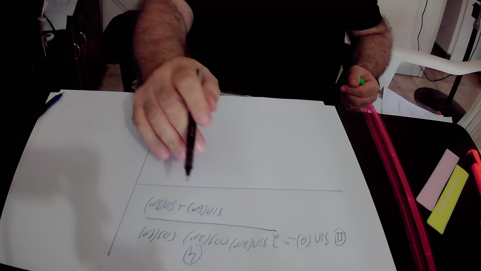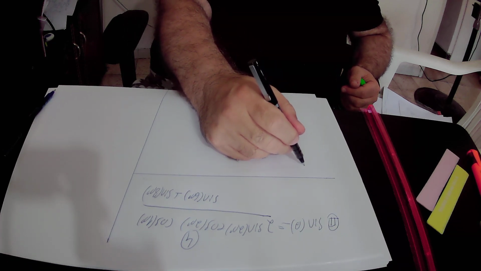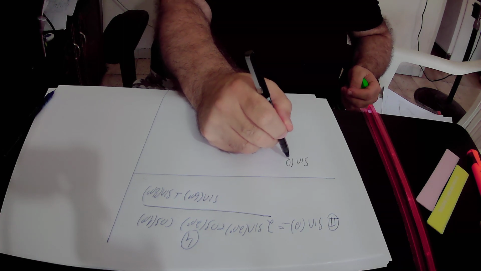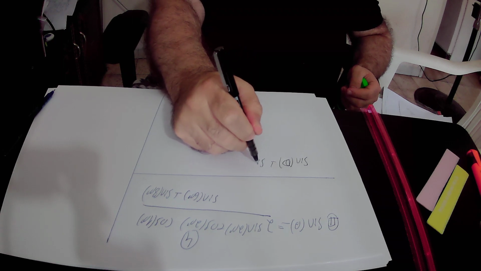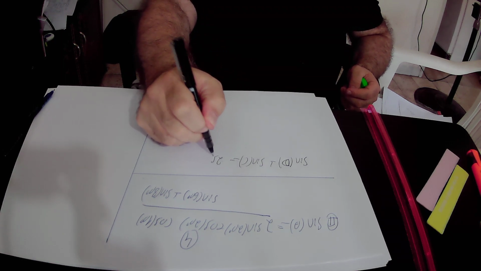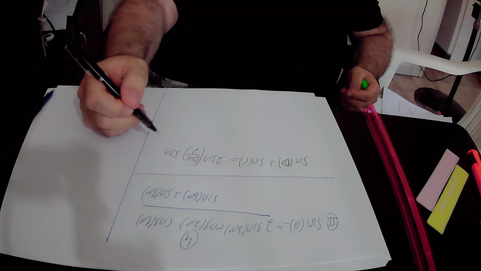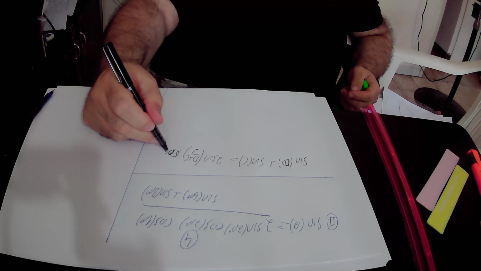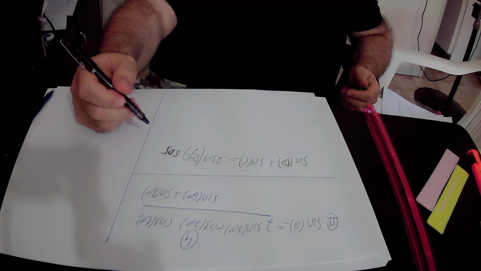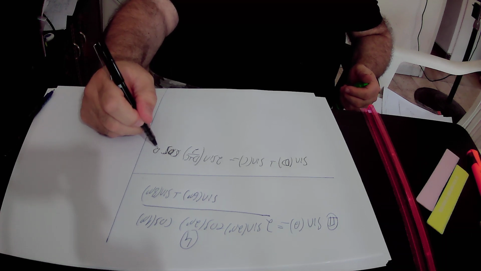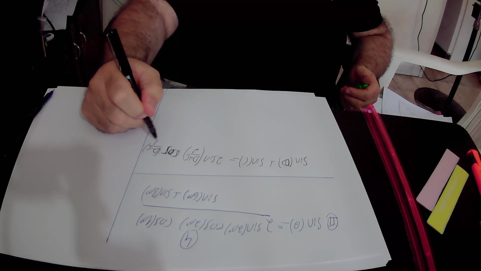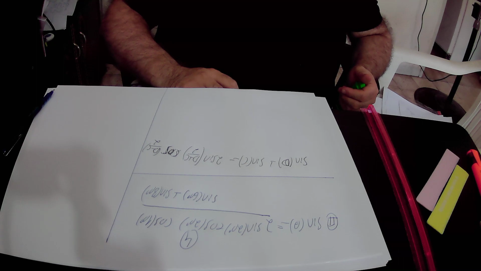For this expression, we have the following trigonometric identity, which states that sine c plus sine d equals 2 times sine of (d plus c) over 2 times cosine of (d minus c) over 2.